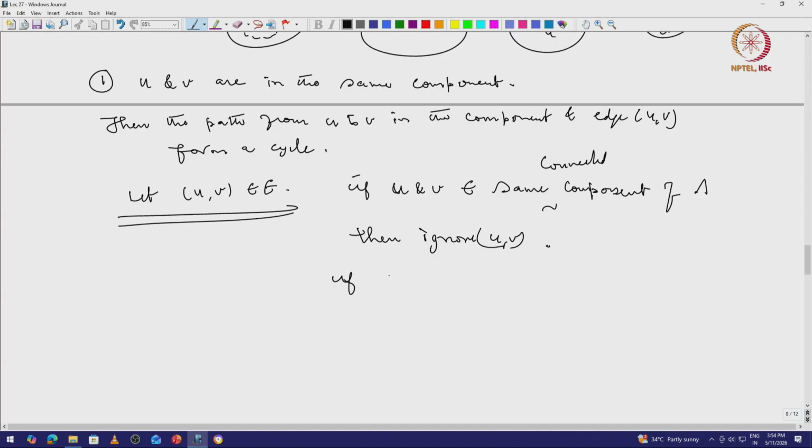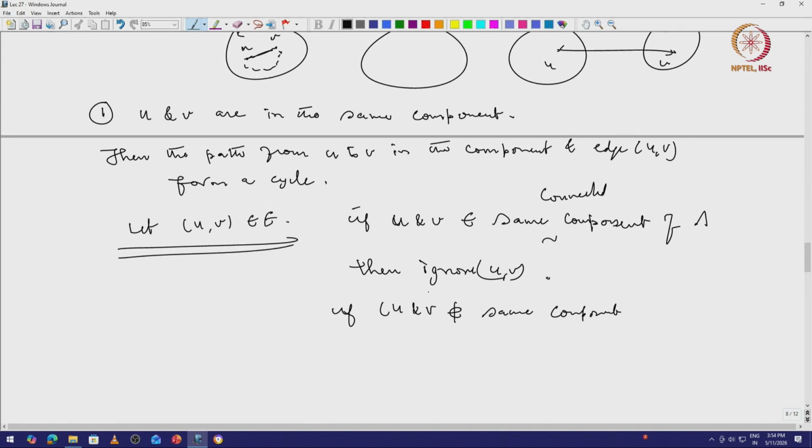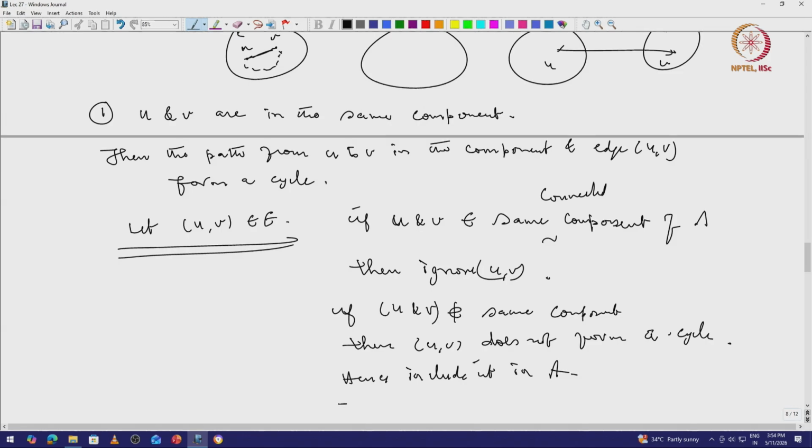If U and V do not belong to the same component, then UV does not form a cycle, hence include it in A.